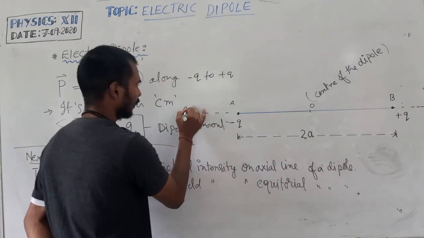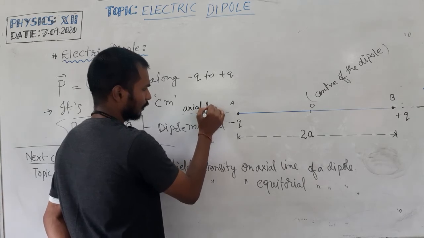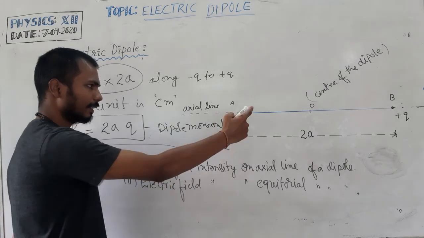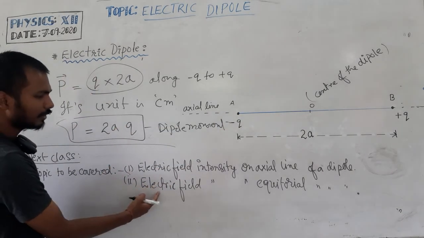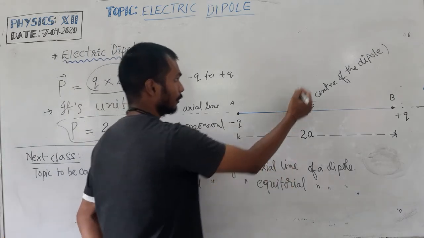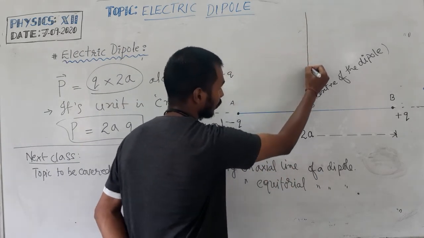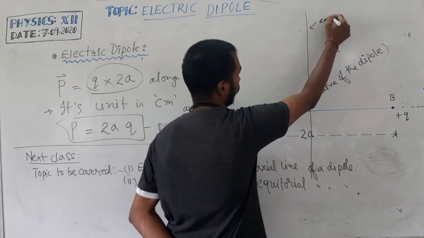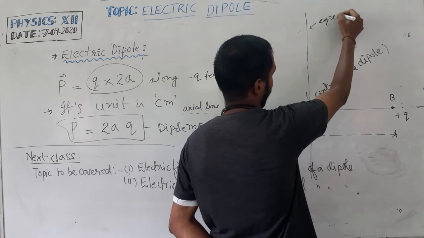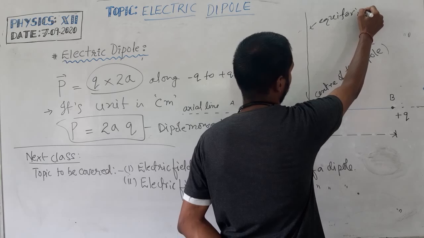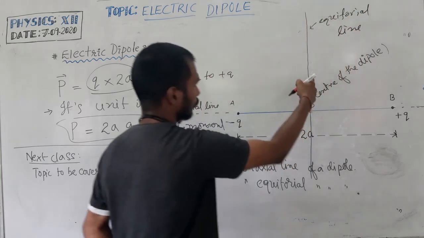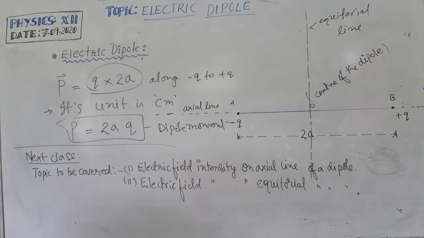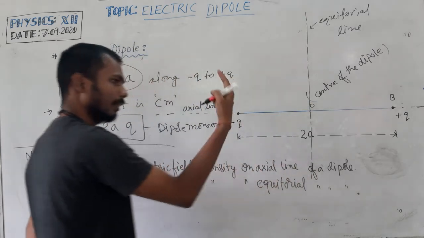Next, the electric field intensity on the equatorial line: draw a perpendicular passing through the center of the dipole. This is called the equatorial line, which divides the dipole into two parts. This one is the axial line. So we will find the electric field intensity on the axial line and equatorial line in the next class.